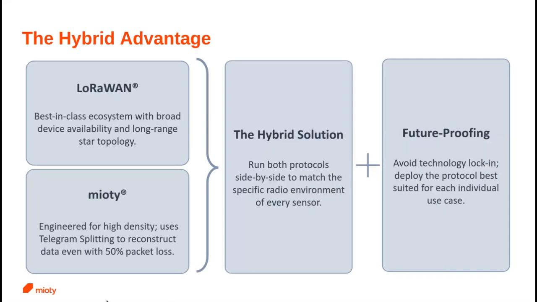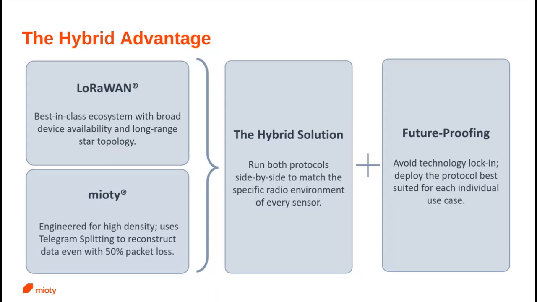So what is this hybrid approach? What is the advantage? We have LoRaWAN, we have also mioty. These are the two main components of this hybrid approach. In the real world, radio environments are really not uniform. You might have thousands of devices in a clean rural area and thousands more in a noisy industrial plant. And LoRaWAN is clearly the market leader because of the vast ecosystem it has.